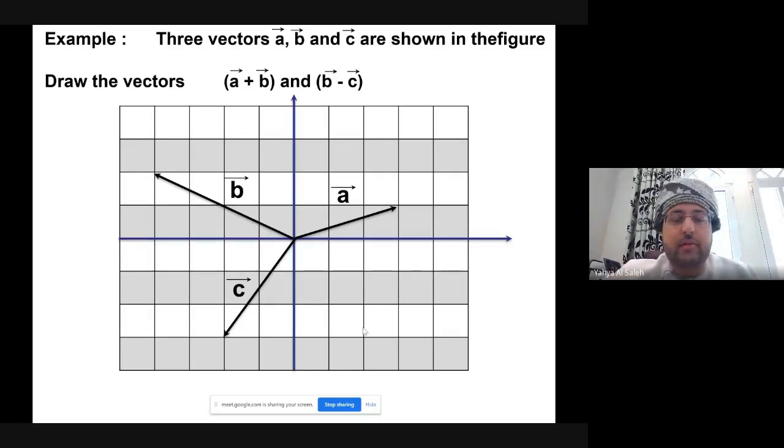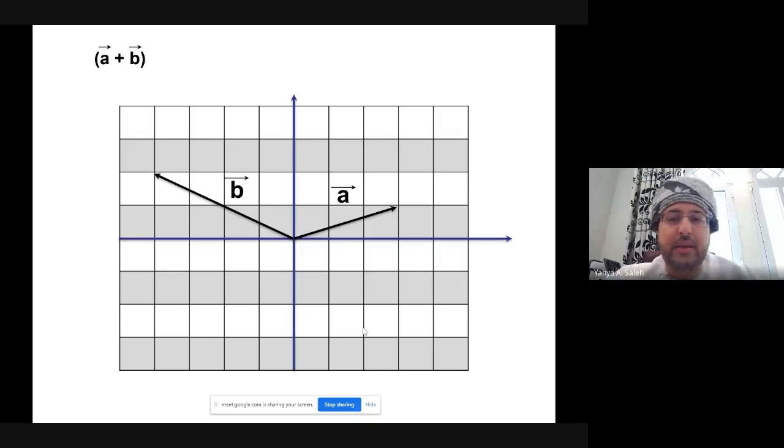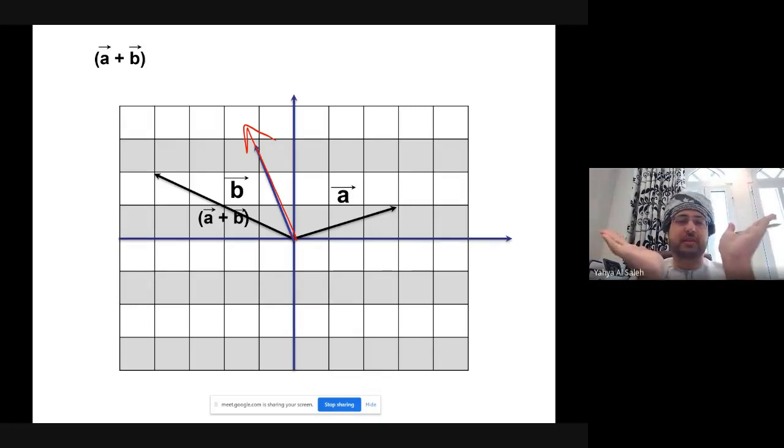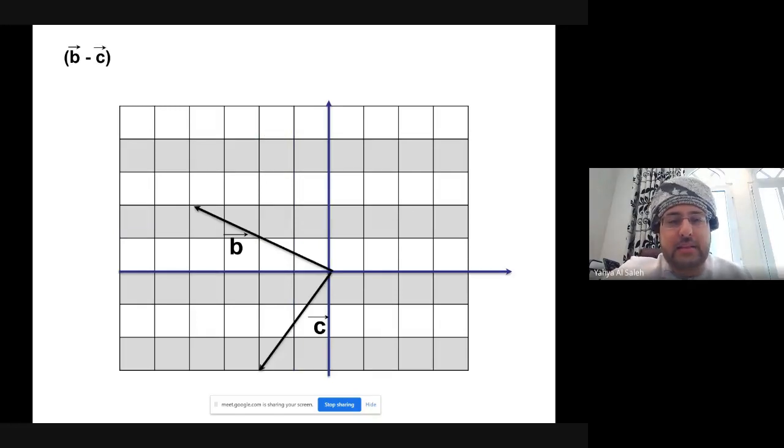So here's another example. We have 3 vectors, A, B, and C, and they're all shown in the same figure. We want to draw A plus B and B minus C. What would A plus B be? In what direction, give or take? A plus B will give me something in that direction, like this. Okay, somewhere in between, because A is in this direction, B is in this direction, it's going to be somewhere in between. What about B minus C?